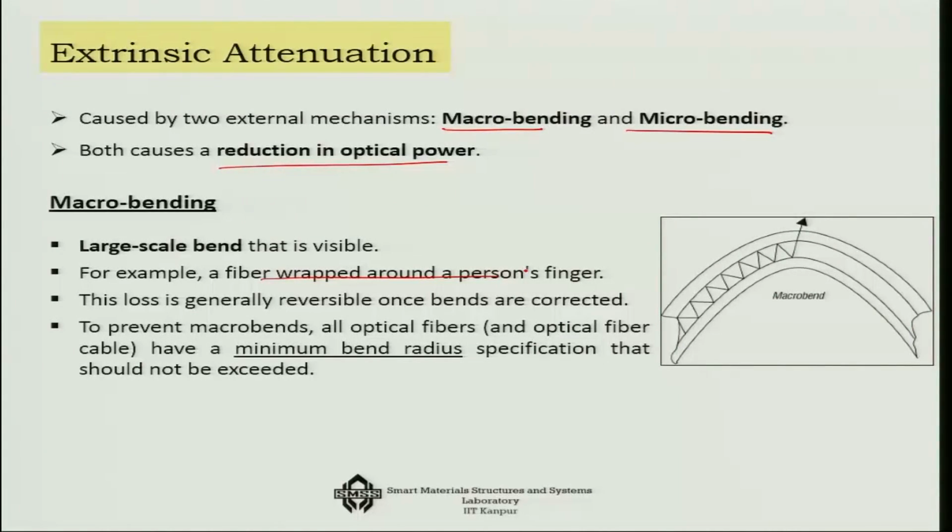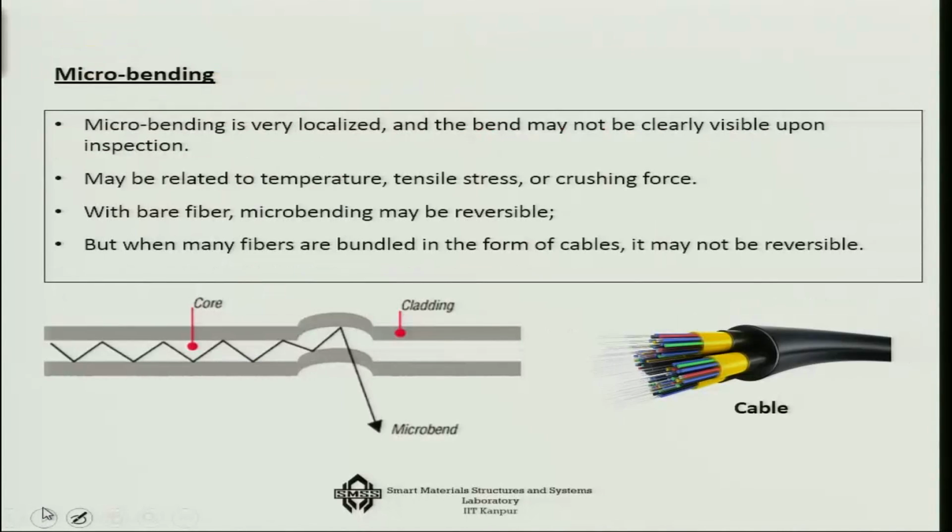The loss is generally reversible once the bends are corrected. To prevent such macrobends, all optical fibers have a minimum bend radius specification, because if you bend it more than that, the light ray can actually escape. So, macrobending can be prevented by maintaining the minimum bend radius for the reduction of extrinsic attenuation.